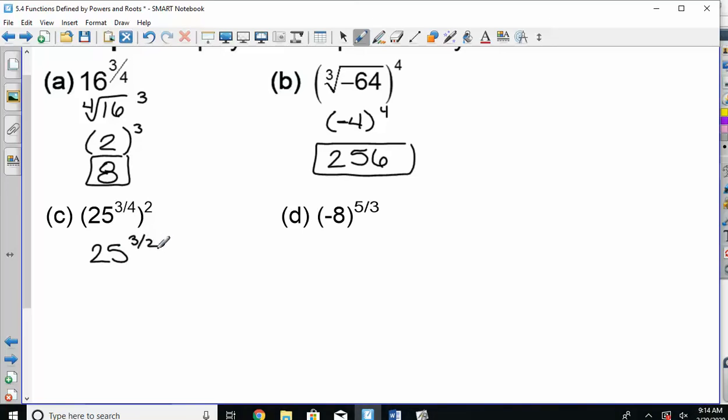Then how would we write that? Square root of 25. Square root of 25? 5. 5, and 5 to the third. So 5 times 5 is 25, times 5 is 125.